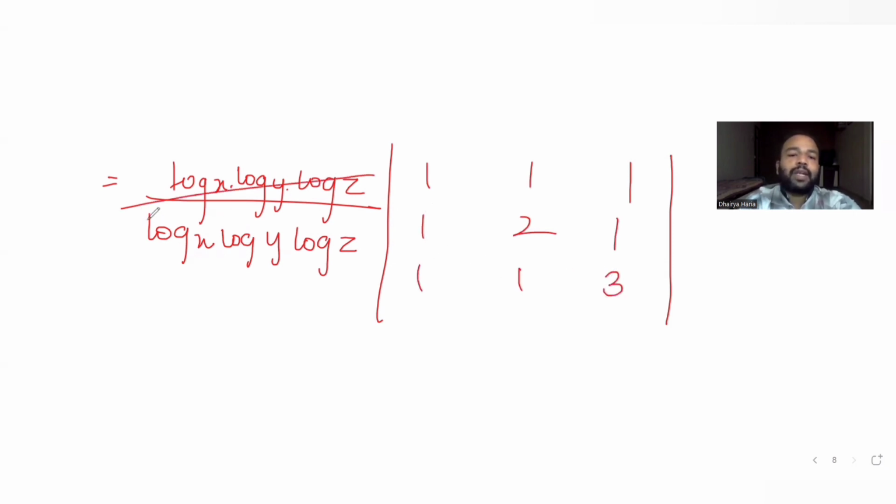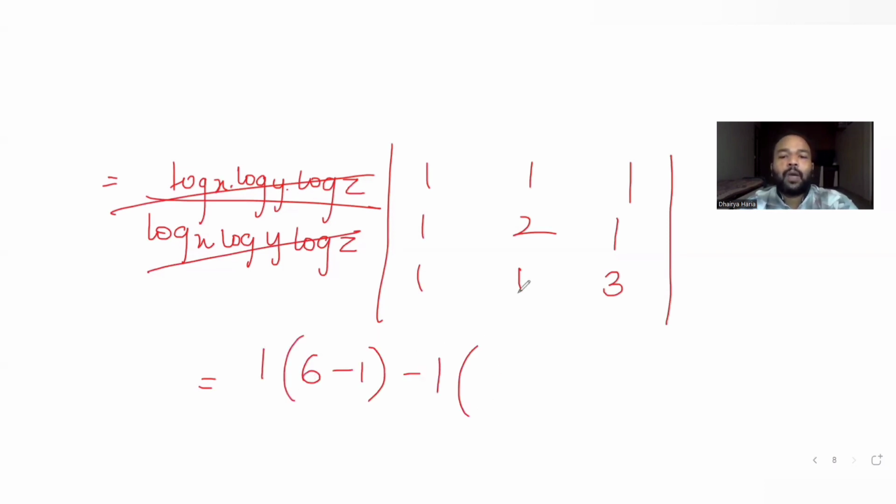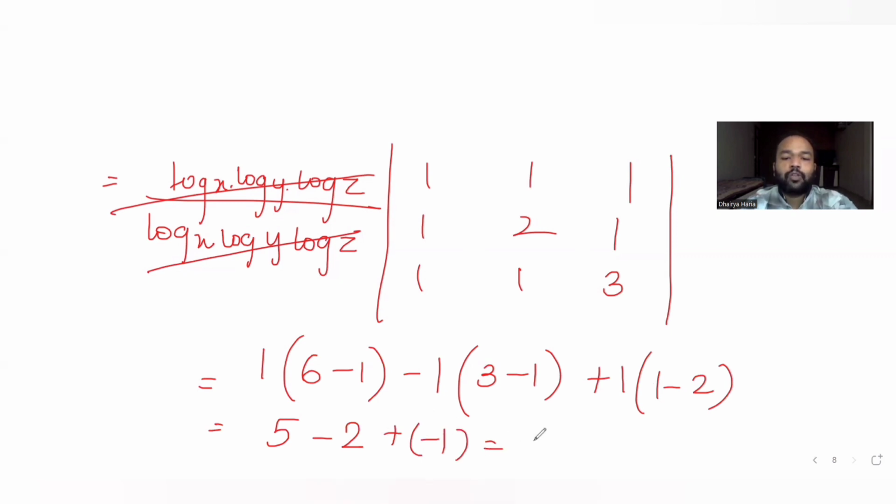So you get this and this cancelled, and if you just figure out the determinant here, you get 1 into 6 minus 1, minus 1 into 3 minus 1, and plus 1 into 1 minus 2. So you get 5 minus 1 into 2, so minus 2, that is 3, plus 1 minus 1, so minus 2. So you get the value of the determinant as 2 here.